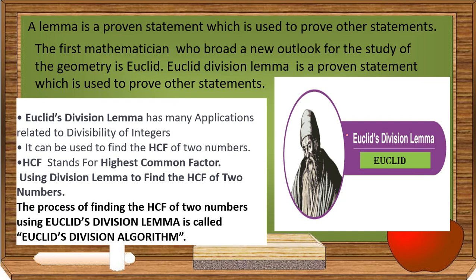So remember, Euclid's division lemma is a equals bq plus r, where r is greater than or equal to 0 but less than b. And the process of finding the HCF of two or more numbers using this lemma is known as Euclid's division algorithm.